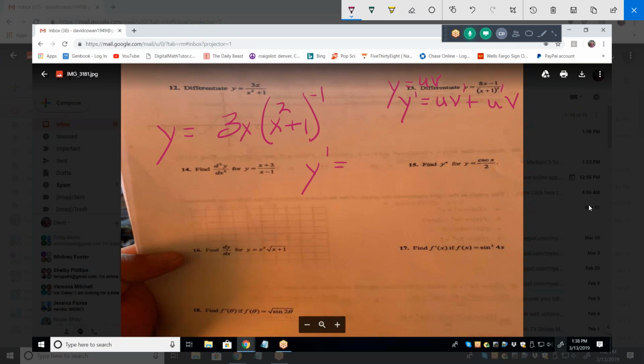So you would be 3x, and then times v prime. So it'd be 3x times -1 times x squared plus 1 to what power?